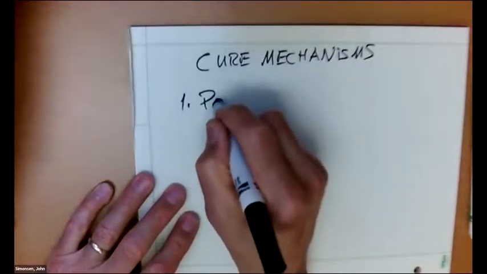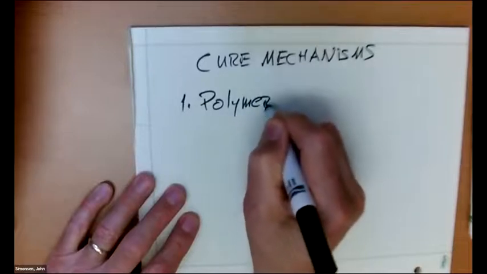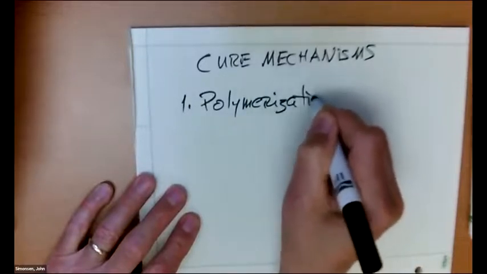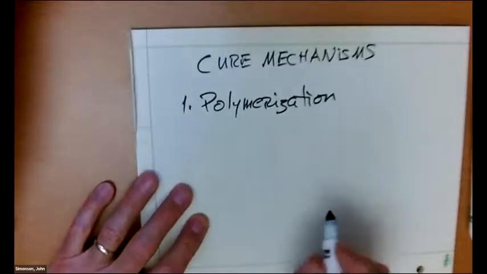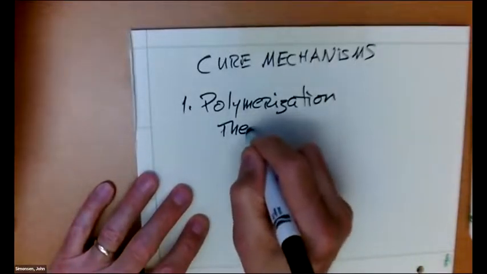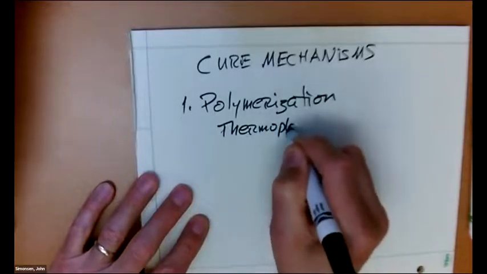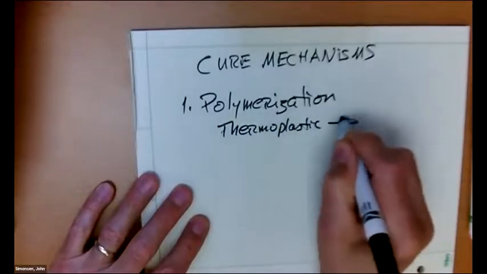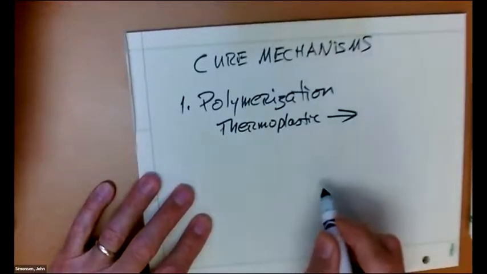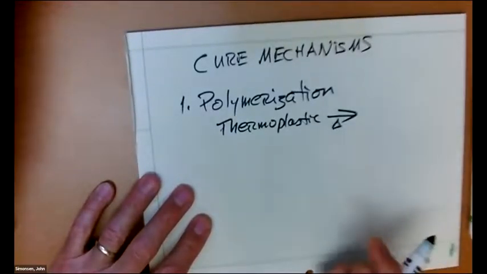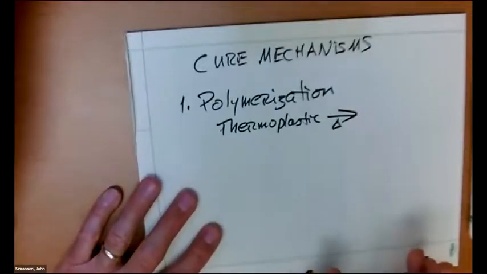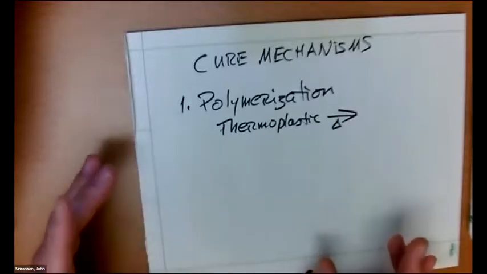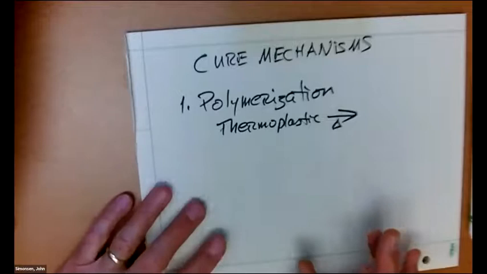So the first one is polymerization. And this is what we just talked about a few minutes ago. With polymerization, what you do is you apply a thermoplastic and generally by undergoing a chemical reaction that usually involves heat for the wood polymers, but doesn't have to. Crazy glue, super glue, they're catalyzed by the surface you put it on.